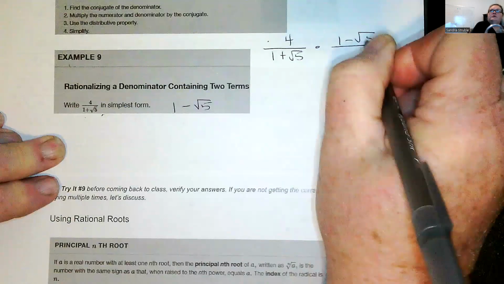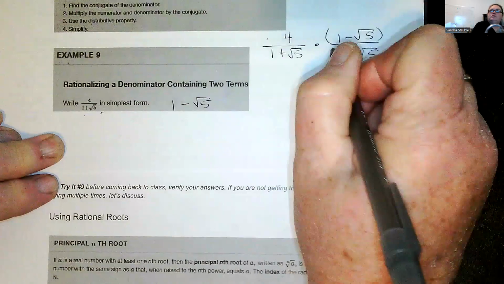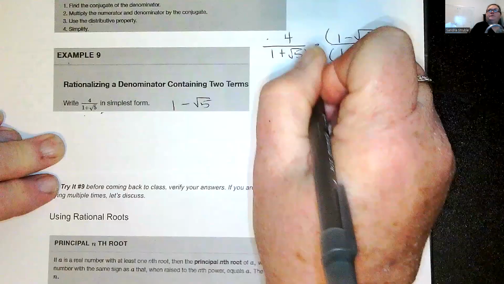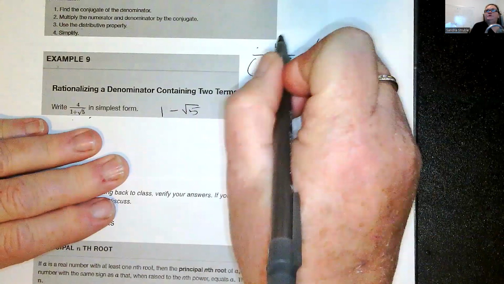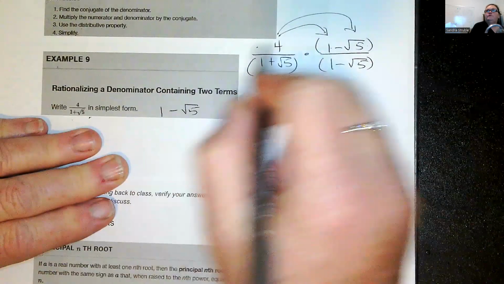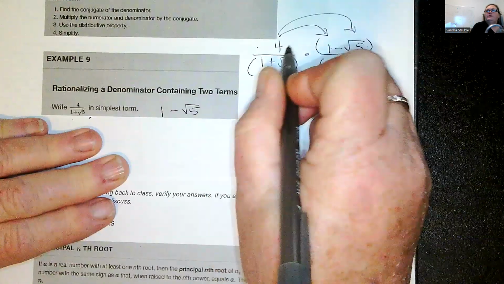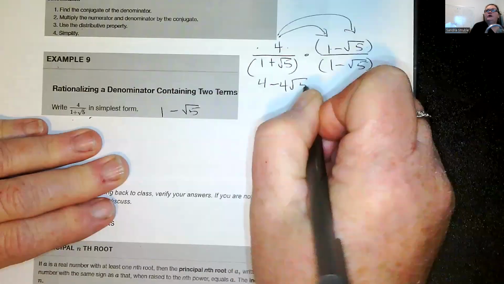1 minus the square root of 5, 1 minus the square root of 5. I'm going to put parentheses around this so it makes more sense of what we're doing. Okay. And then we're going to distribute. To distribute, we're just multiplying the terms by everything in the binomial. So 4 times 1 is 4. 4 times negative square root of 5 is negative 4 square root of 5. Numerator's done.